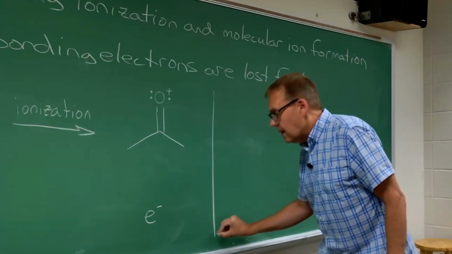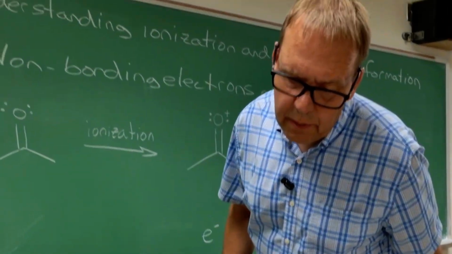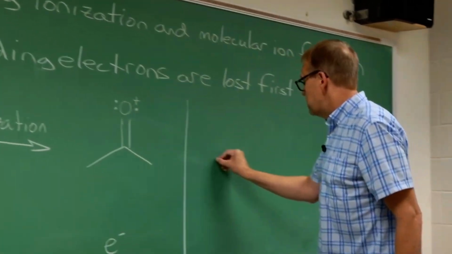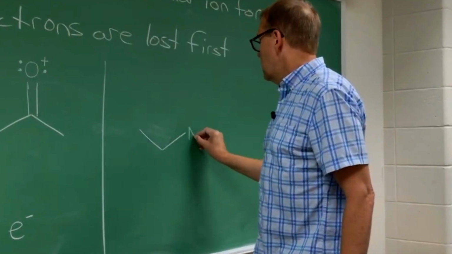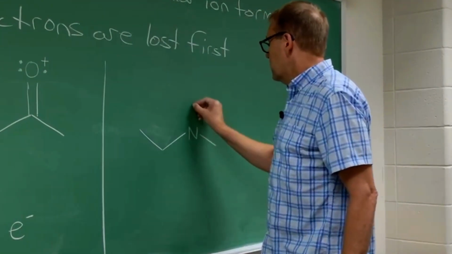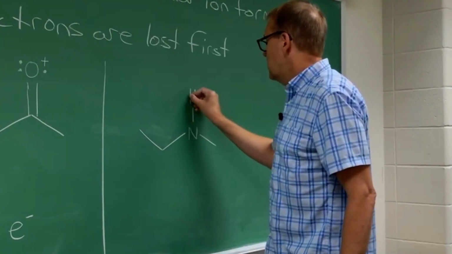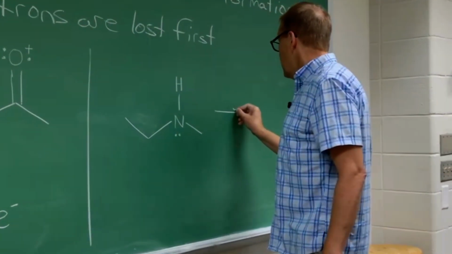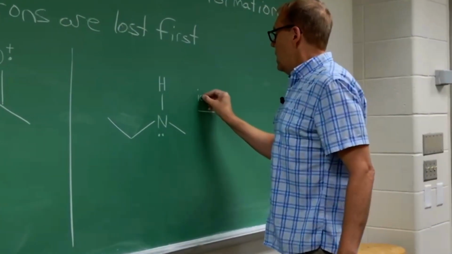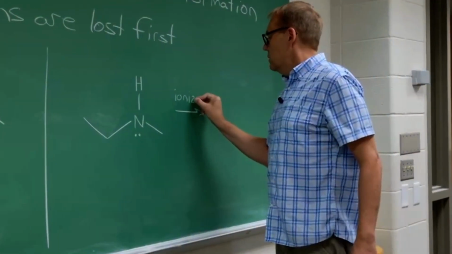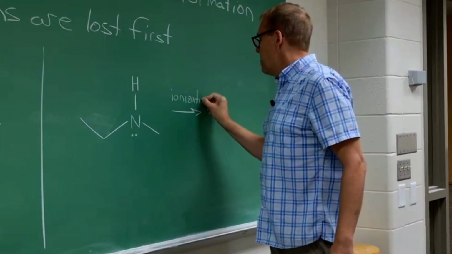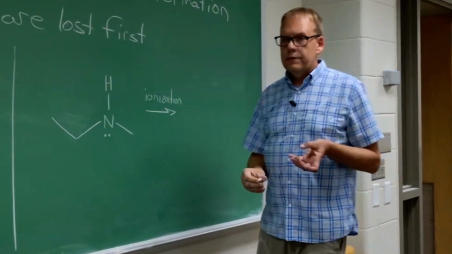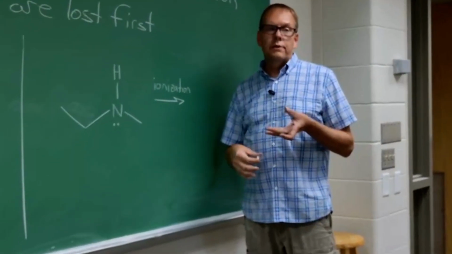That's one example. Let's take a look at another example with a nitrogen species. Here's one where the molecule has a lone pair on a nitrogen. And in ionization, in a mass spectrometer, again, the easiest electrons to lose are the ones that are in the lone pair.